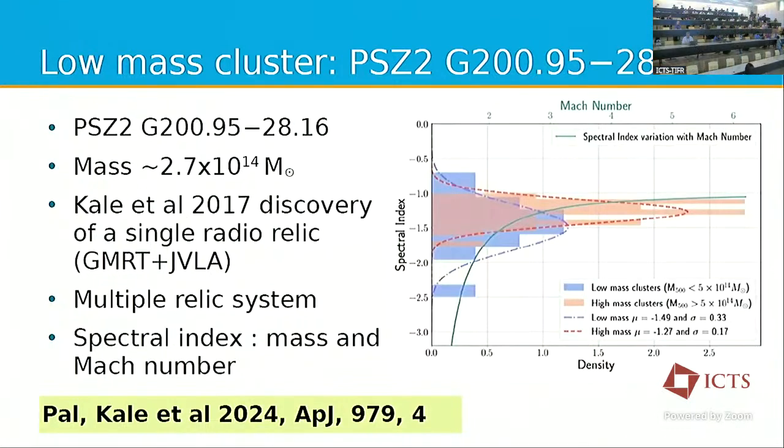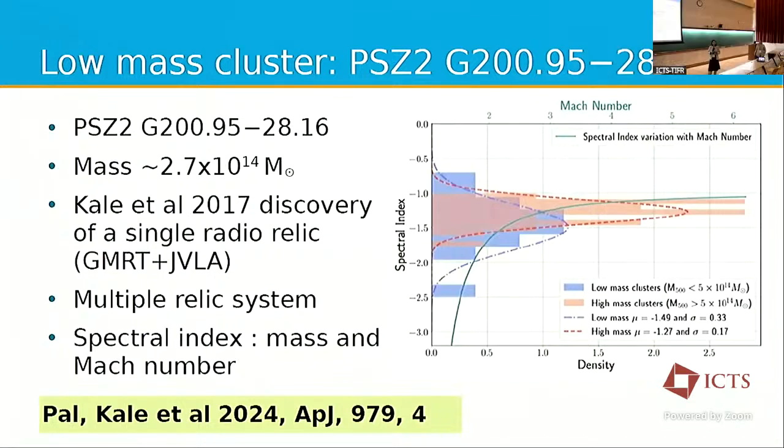Coma is too nearby, so you really need very short baselines to map structures of the order of 1.5 degrees, maybe up to a degree in size. So it would be difficult in clusters as close as Coma, but redshifts of 0.1 to 0.2 would be more in the zone where you will find detections.